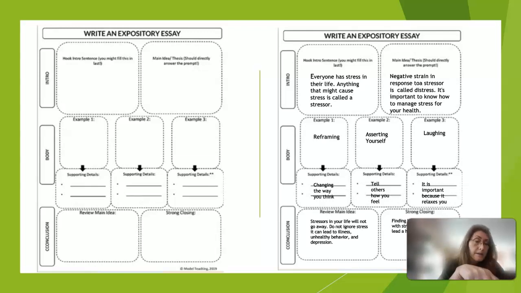On the left is the graphic organizer, and on the right, I gave you an example of answering that particular writing prompt, listing my examples, explaining the main idea of what we're talking about. I have an intro, I have a body, and I have a conclusion. I listed the ideas, I gave some details.